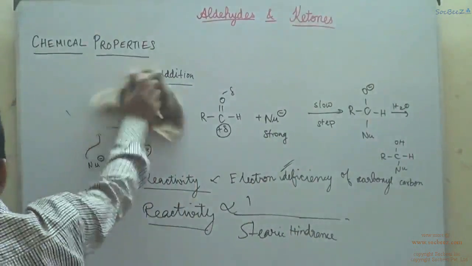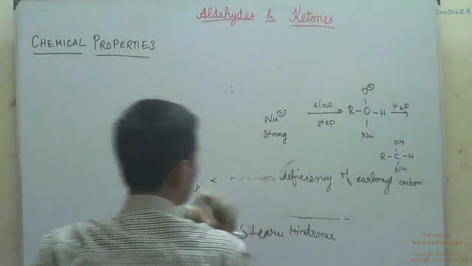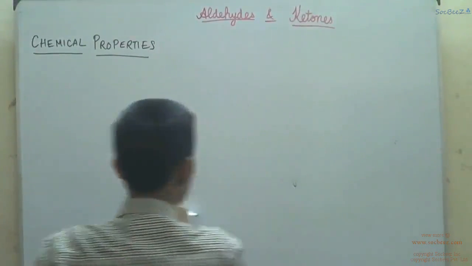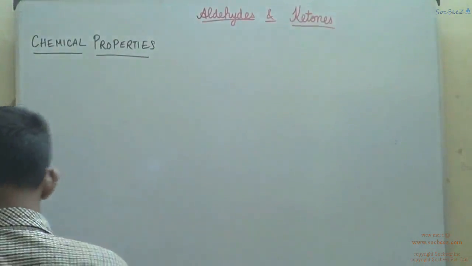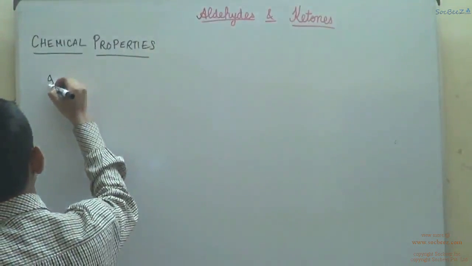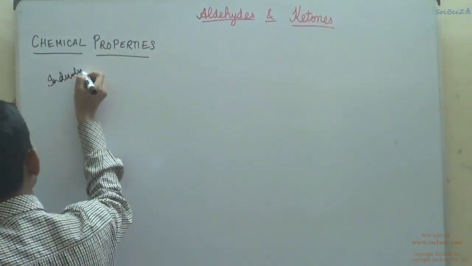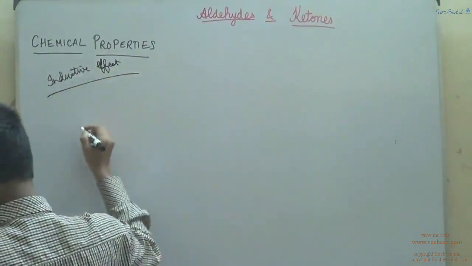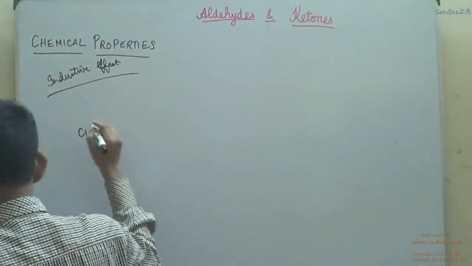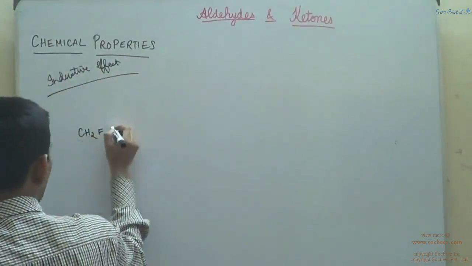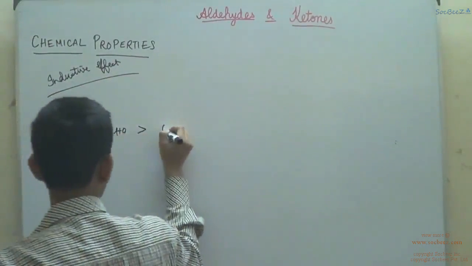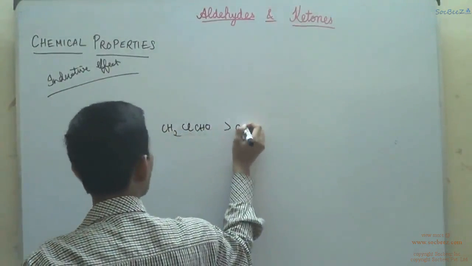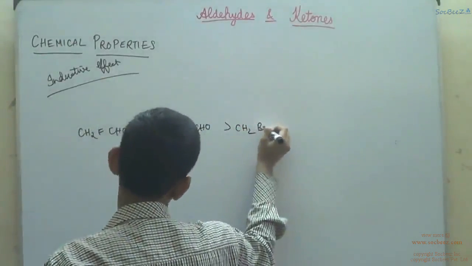Let me discuss something about this so that you understand in more detail. When we talk of the inductive effect, because generally the inductive effect governs this principle, we see that if F is attached, the reactivity is more than chlorine, more than bromine, more than iodine.